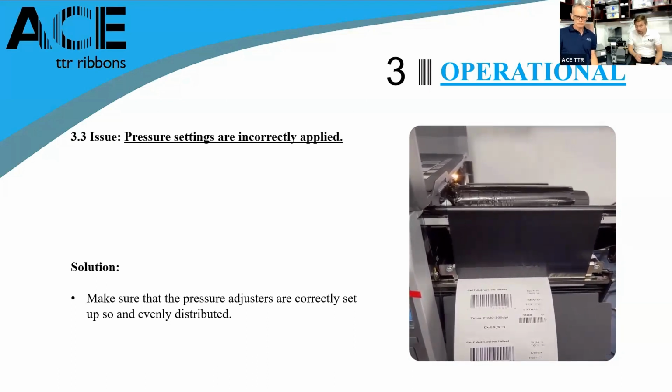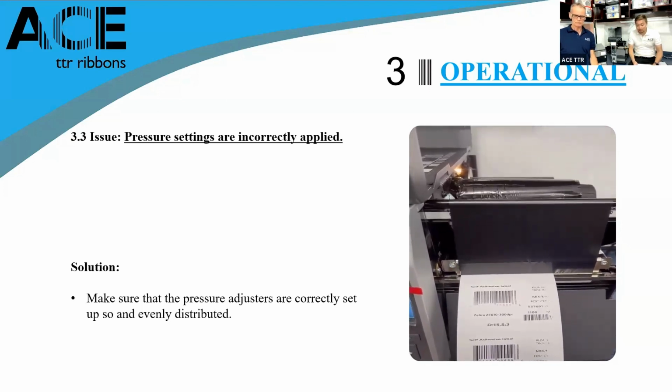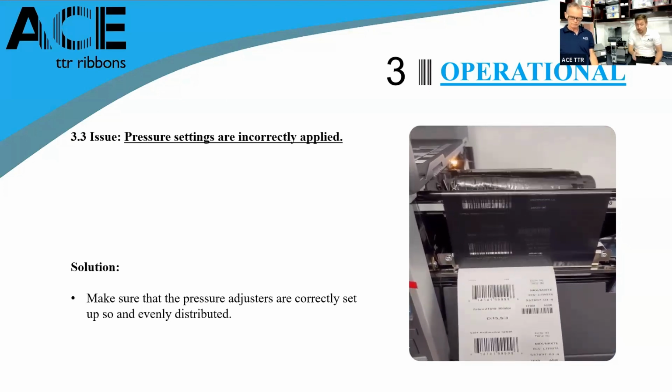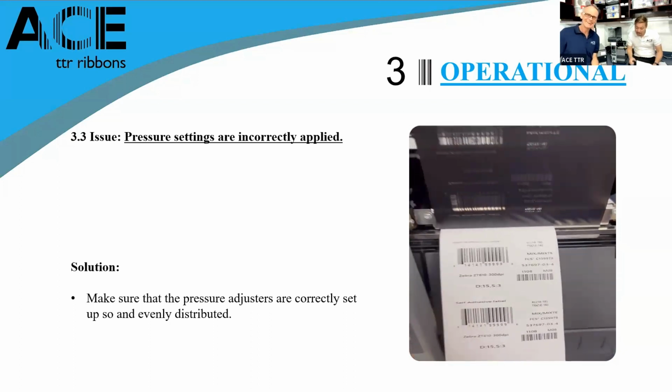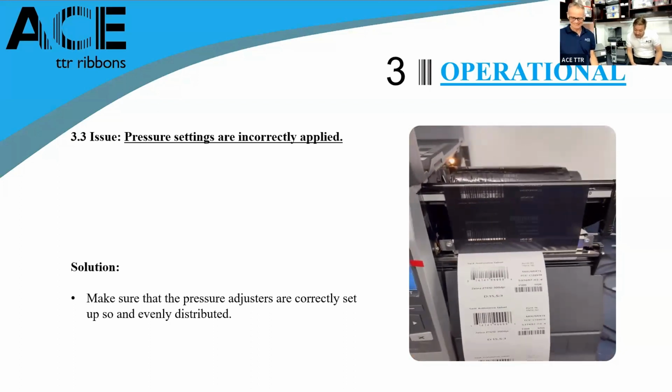So let's see now if the result will change. Very excited. We don't know the outcome. Yeah. Oh my gosh. Come on, Maria. Yes, the quality is excellent. So as you can see, pressure is very important and make sure you always apply the correct pressure. Yeah, even though you have a pressure bar, it's still important to evenly distribute that pressure across the bar.